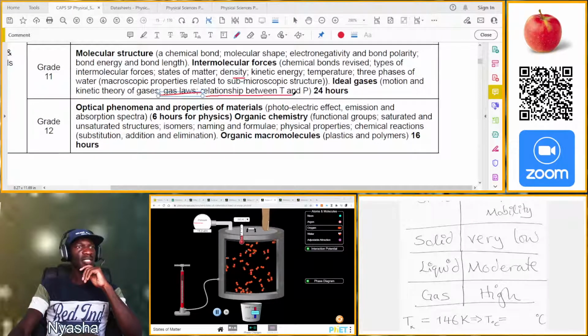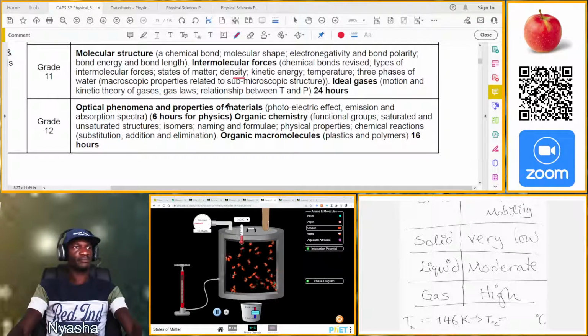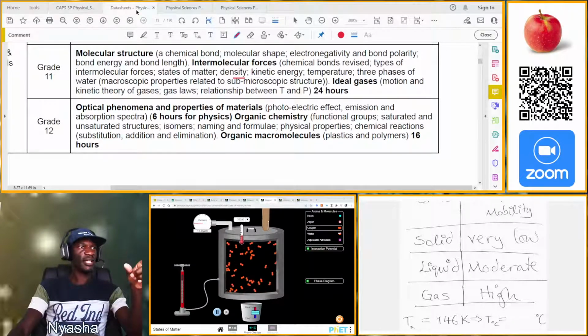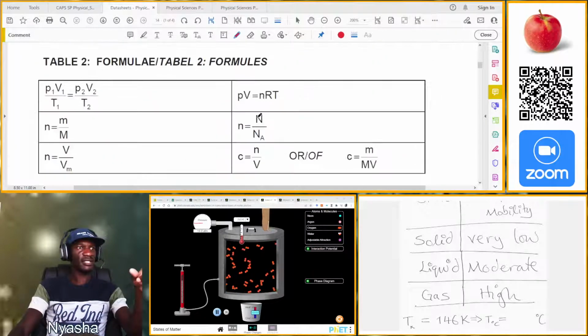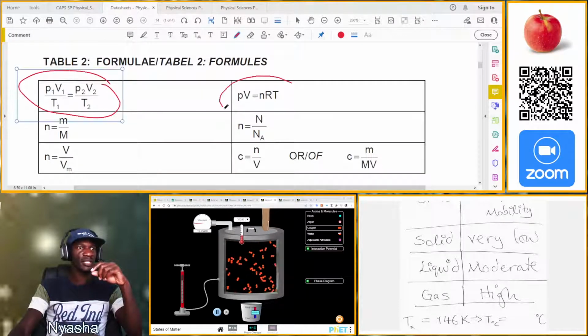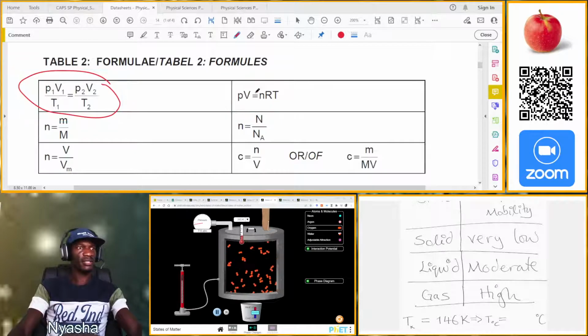Gas laws, relationship between temperature and pressure. You will find the instructions, in fact, some of the equations here. So these are some of the equations that you can use when you're calculating the gas flows.